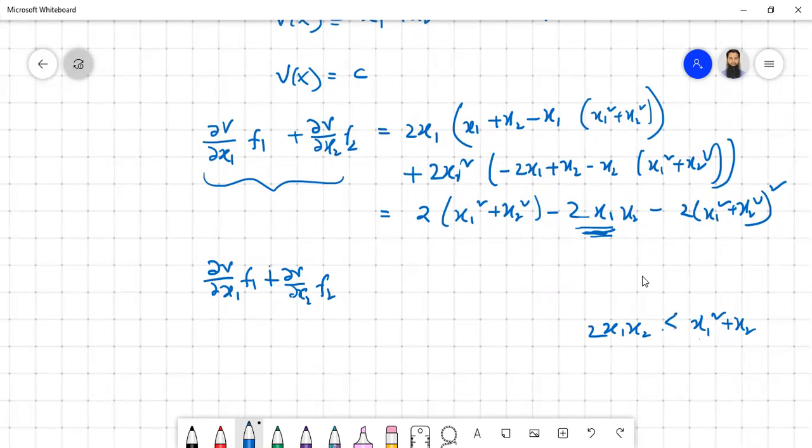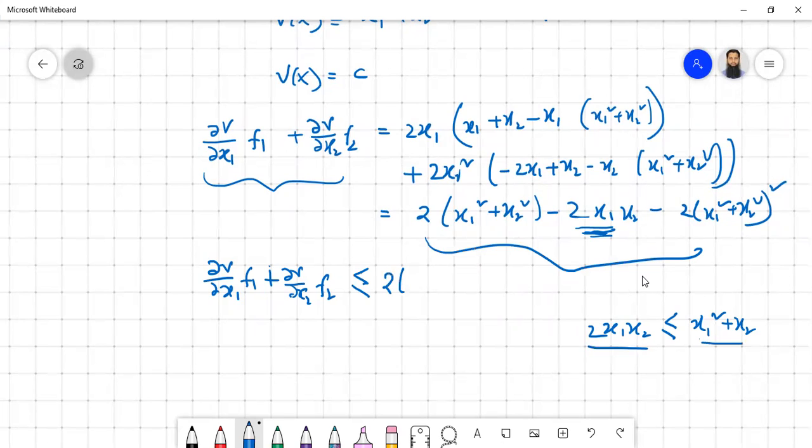So if we can replace 2x1 by x2 by this parameter here, this side will always be greater than the other side. So we can say that this will always be greater than this one.